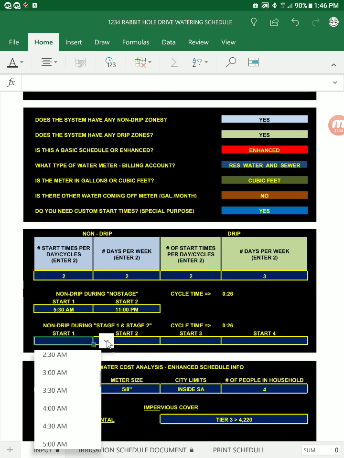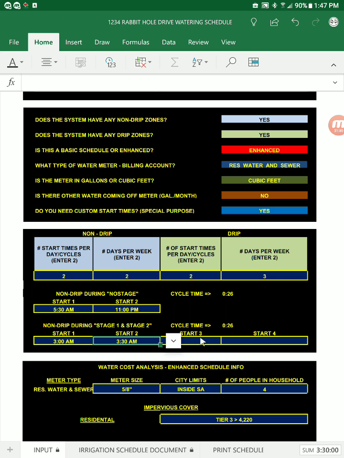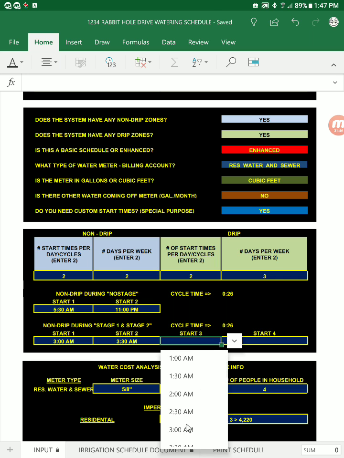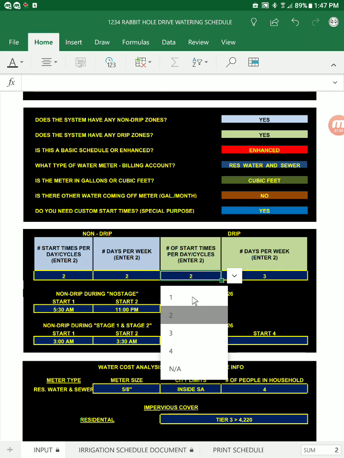And I mean drip, I don't even know why there would be a need to have custom cycle times for drip. But let's just say you get a weirdo. So 3 a.m., 3:30 a.m., 4 a.m. And I'm not sure why this start time 4 and these aren't disappearing.